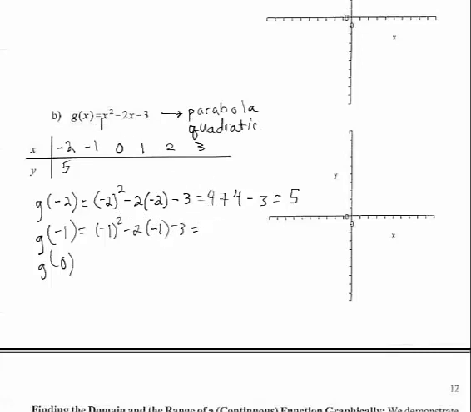Okay, I'm just simply following the instructions of this expression, x squared minus 2x minus 3. Okay, -1 squared is a +1. -2 and a -1 multiplied gives me a +2. I subtract 3, and I get a 0.